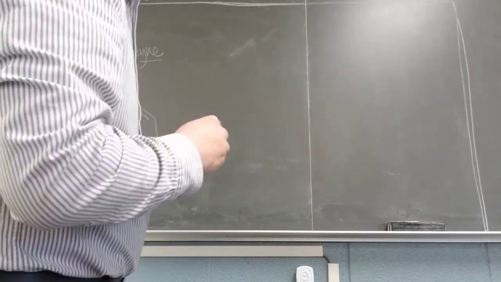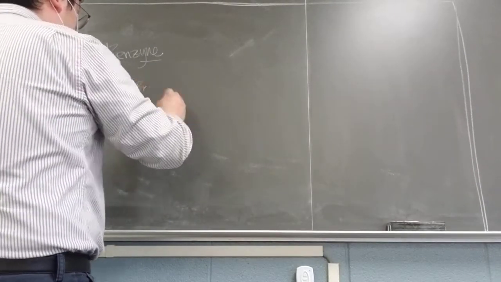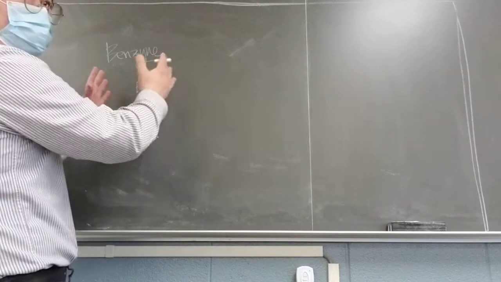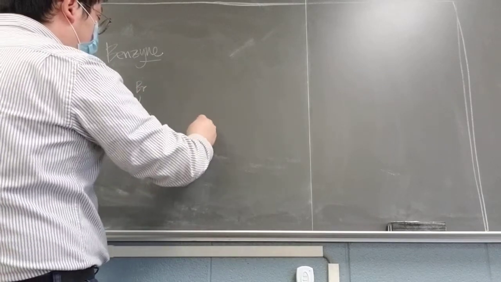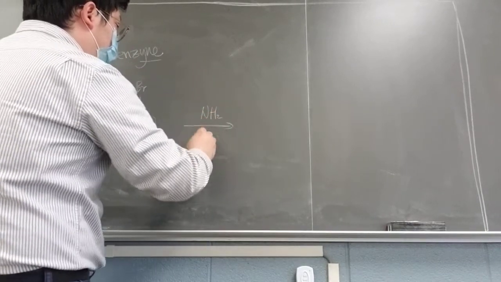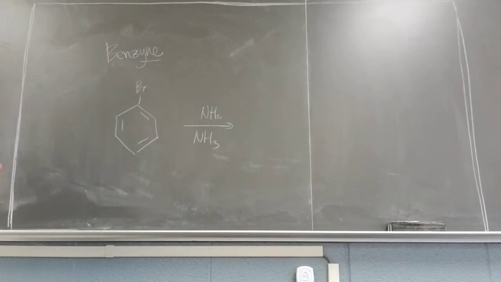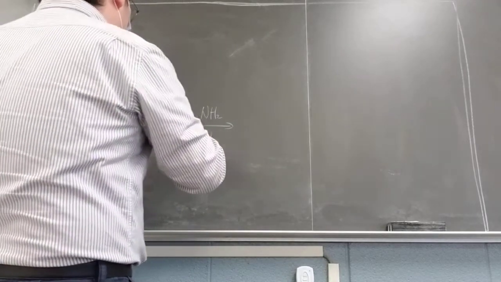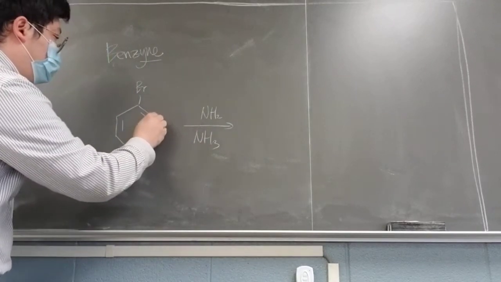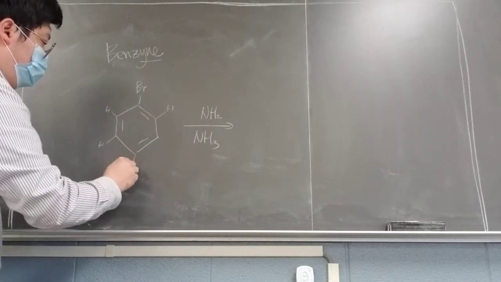Okay. The other one was bromine. Okay, we have another halogenated benzene here, and we have maybe sodium amide with the ammonia. Okay, and then it's pretty much the same. Once again, as you know, there's an implied hydrogen here, right?